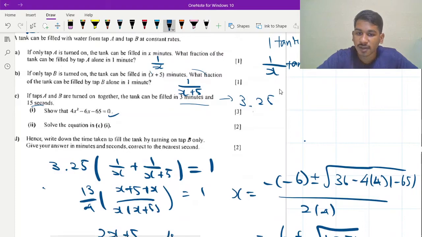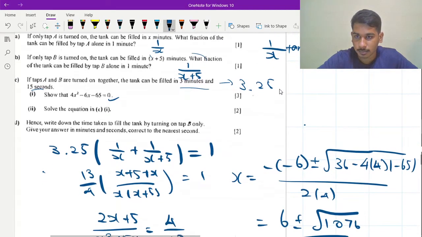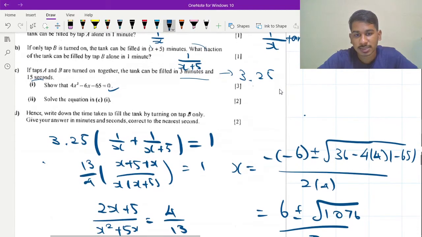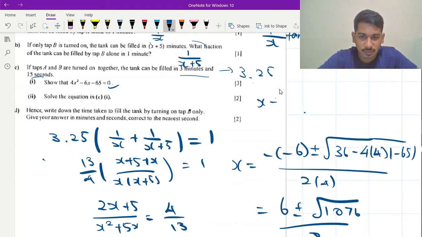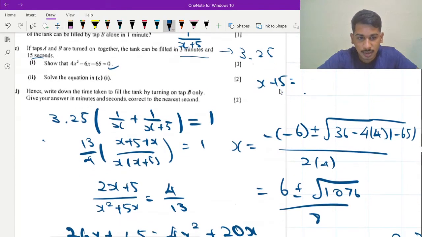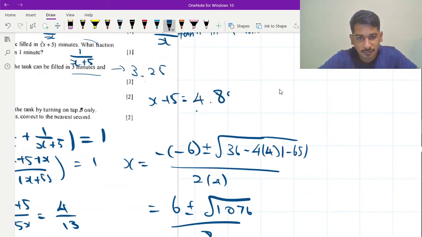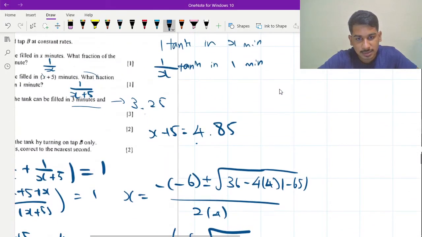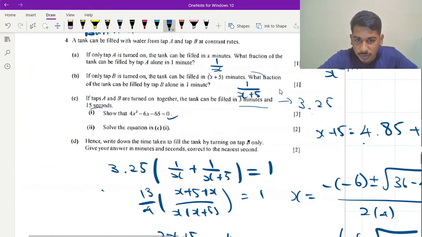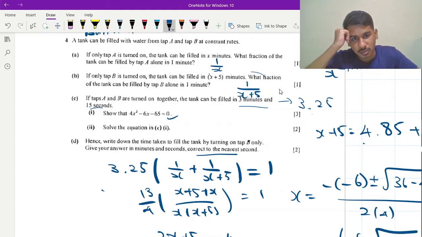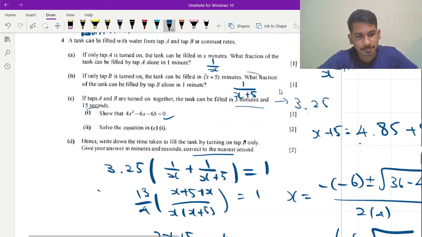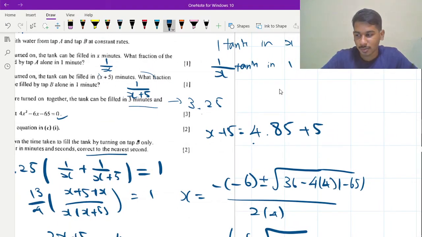So it takes x plus 5 minutes, right? So we need to find what's x plus 5. So x plus 5 is going to be 4.85 plus 5. And they ask you to correct to the nearest second. Maybe I should have given more value.